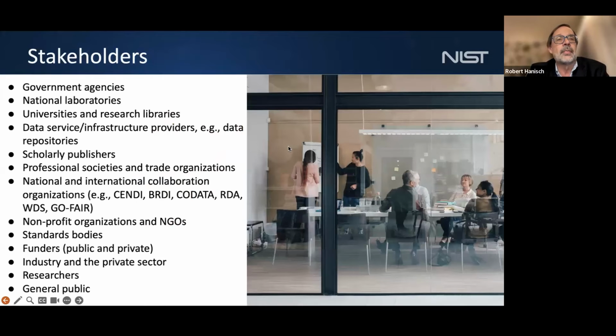Next slide. So the stakeholders that we engaged with in developing the framework are listed here. I don't need to read through every one of these things, but I just want to point out that we span what we think are all of the constituencies in the research data ecosystem, from government agencies and national laboratories through scholarly publishers and professional societies, nonprofit organizations, standards bodies, funders, both public and private, and industry as well, even though their data may not be public.